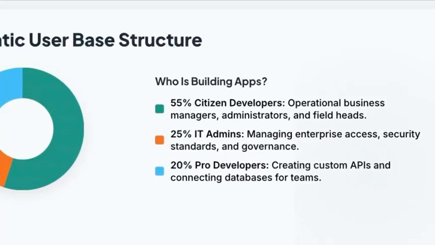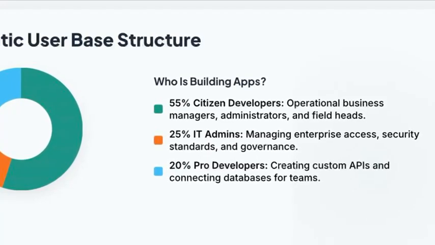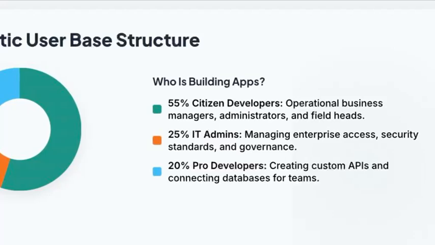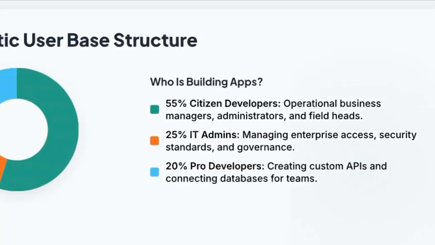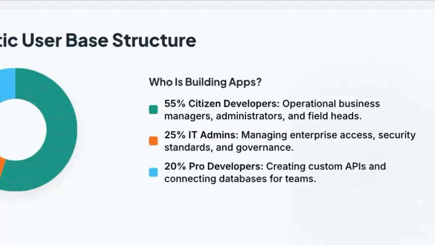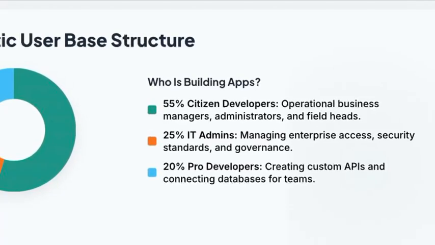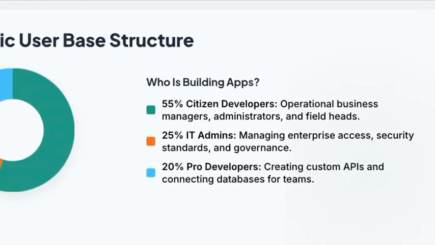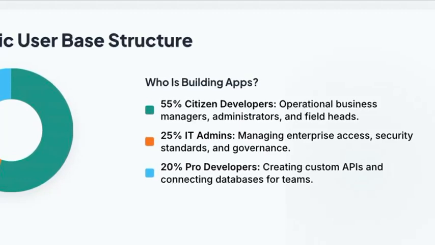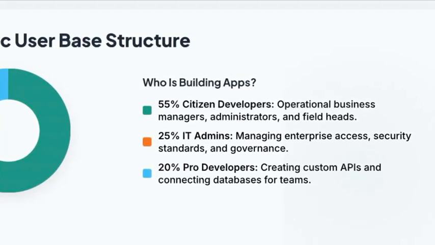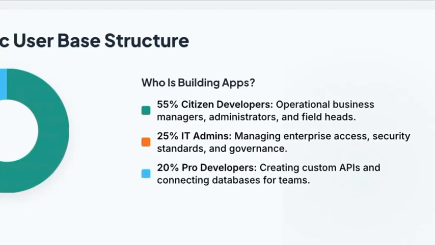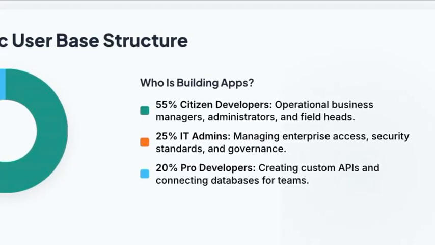However, 25% are IT admins who use AppSheet's centralized governance dashboards to control security policies, authenticate users, and manage data access. The final 20% are professional developers who build complex integrations, APIs, and custom code modules that the citizen developers can safely use inside their apps. It is a highly collaborative, secure, and balanced ecosystem.